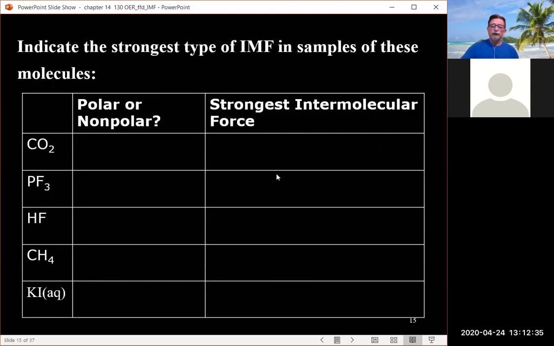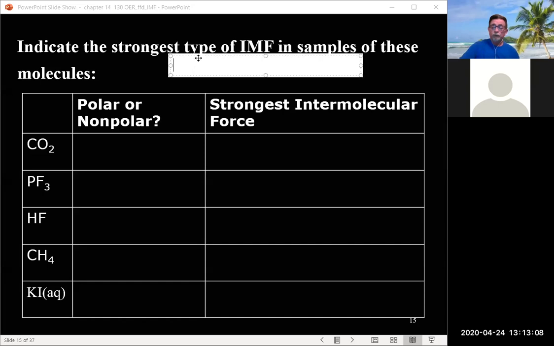All right. So the question here is, first we're going to determine the polarity of the molecule. And then from that, once we know the polarity, then we will know what is the strongest intermolecular force in that molecule. Now, the first one, carbon dioxide. This is where the Lewis dot structures, remember those?